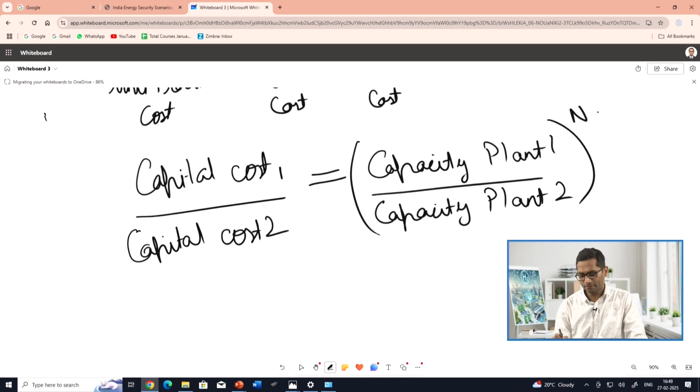Normally it varies between 0.6 and 0.9, but 0.7 could be a good figure, and this basically brings in the element of economies of scale.